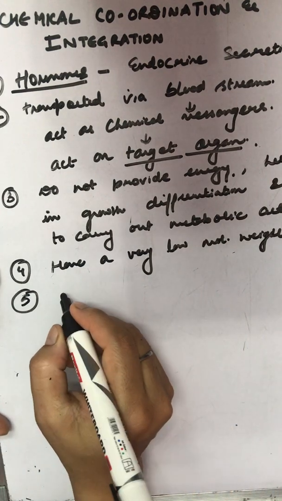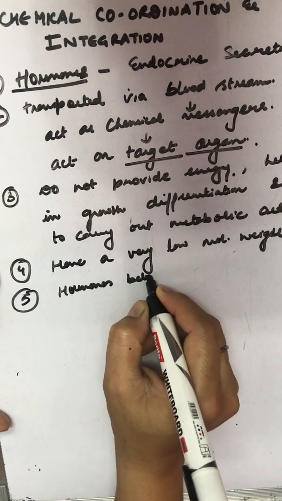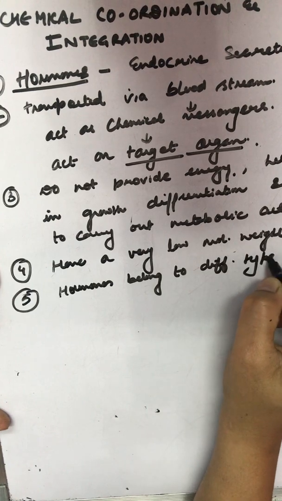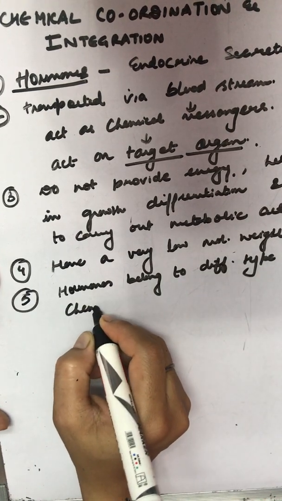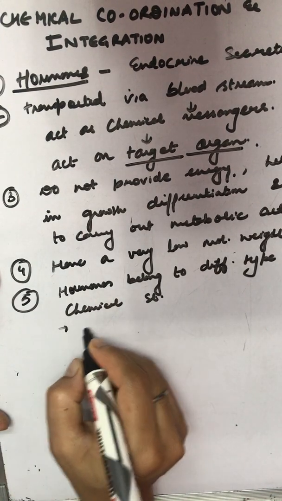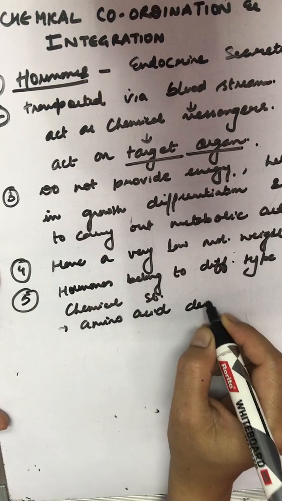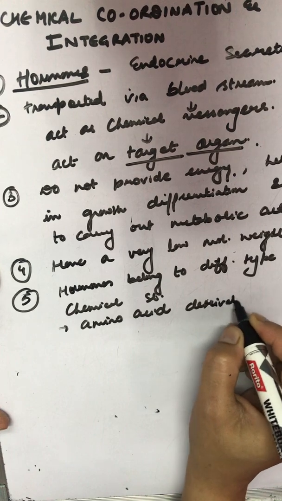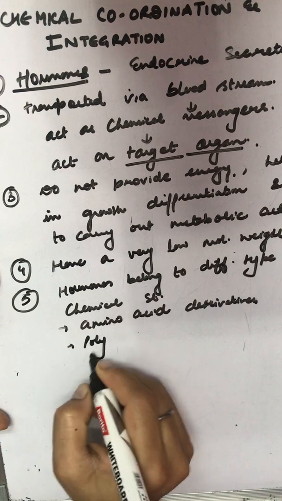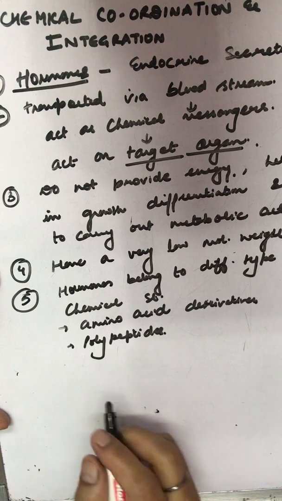They belong to different types of chemical structures, like they can be amino acid derivatives, polypeptides, then they can be steroids.